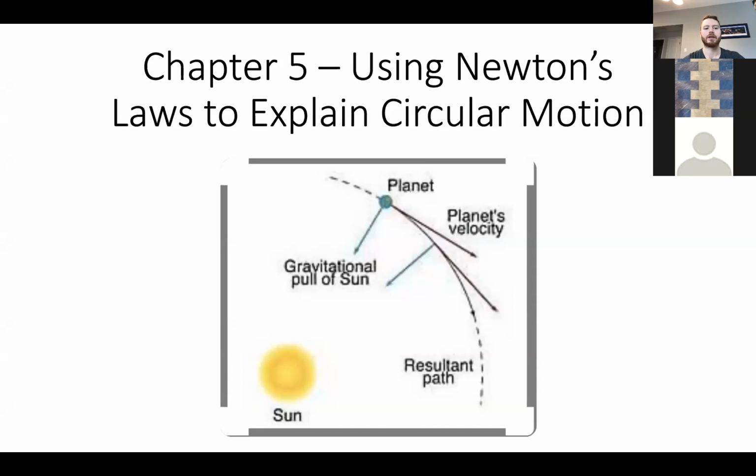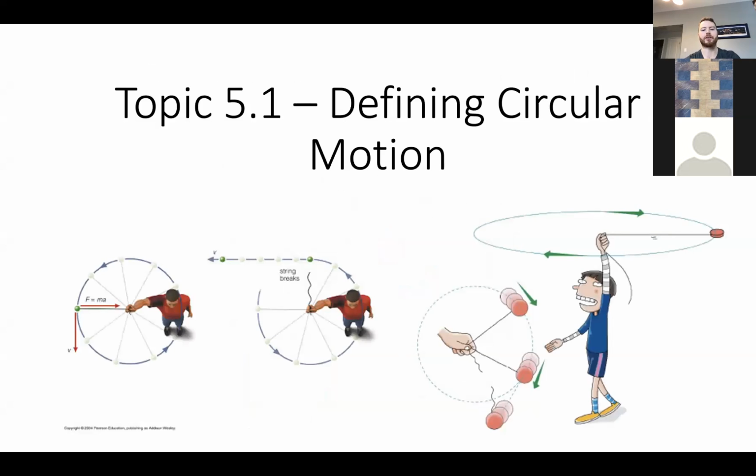So chapter 5, what we're going to be starting today, is using Newton's laws to explain circular motion. Defining circular motion, generally speaking, this is anything that is moving in a circle.